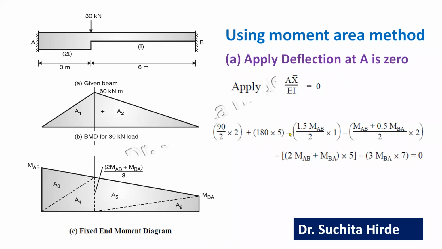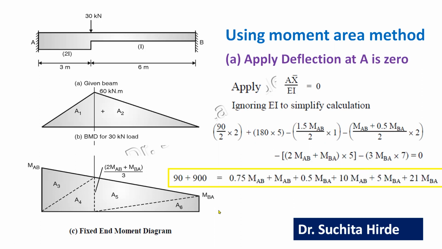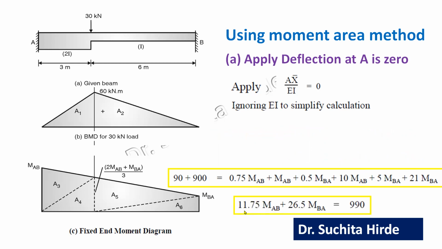Here we are using a minus sign for MAB and MBA because I am considering this as a hogging bending moment. Here I have also ignored EI, I have already cancelled it because there is 0 on the right hand side. If you simplify this, you will get an equation something like this. Further, if you simplify this, you will get 11.75 MAB plus 26.5 MBA is equal to 990.